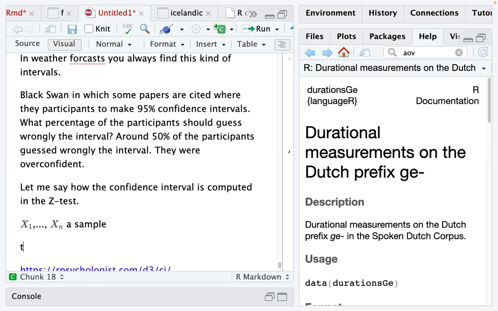We consider the t statistic, which is equal to the square root of n times the mean minus a hypothesized mean, divided by the standard deviation of x.